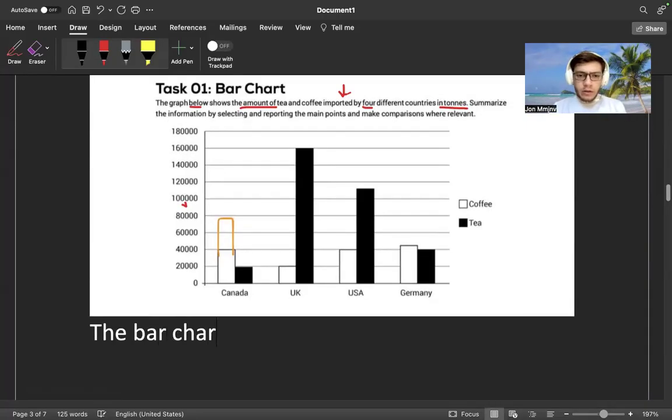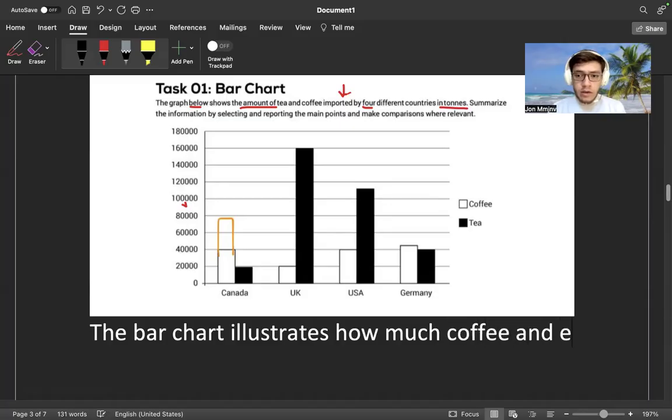So the bar chart illustrates, right? I don't write below because it's not below actually. In CGILs, it's on your left, but you don't need to mention it. Illustrates how much coffee and tea was imported.